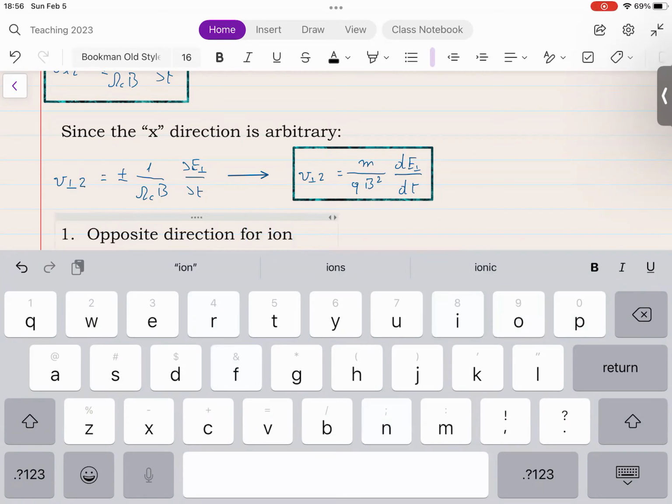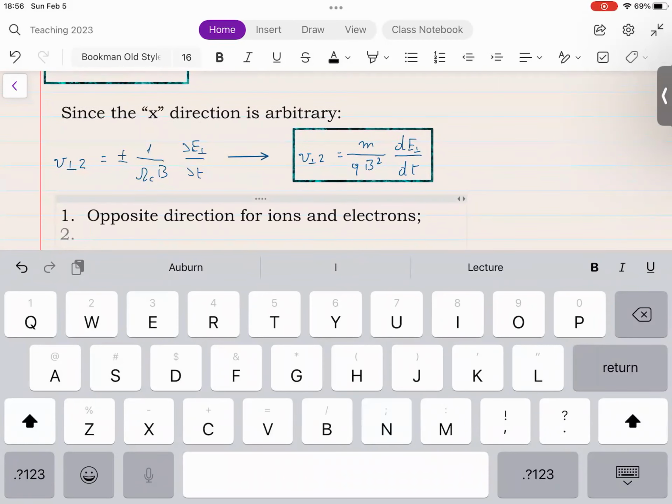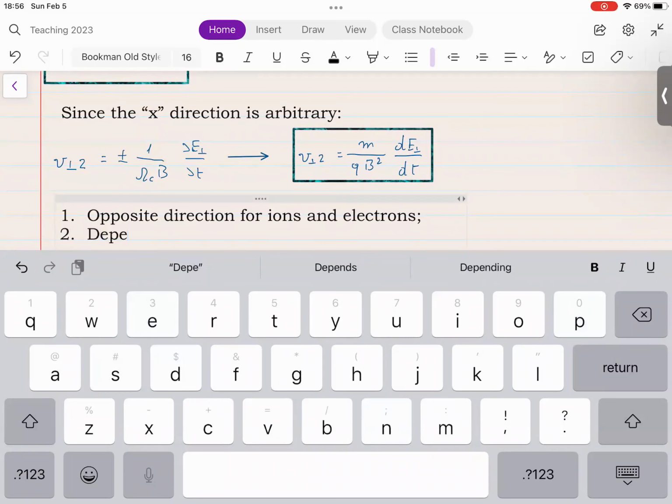As I was saying, opposite direction for ions and electrons. It depends on the mass explicitly and linearly. Therefore, it's dominated by the ions.